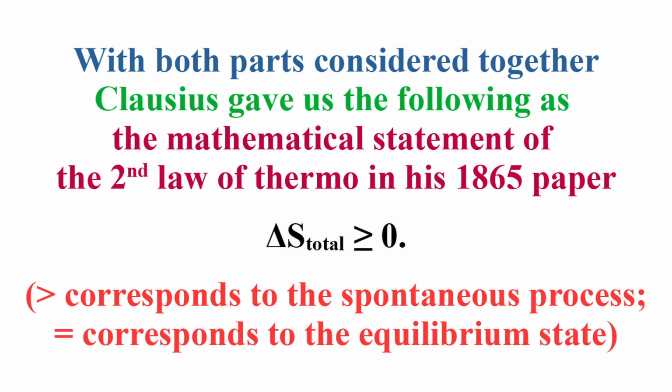Here, the greater than symbol, of course, corresponds to the spontaneous process, and the equal to symbol corresponds to the equilibrium state. This, he felt, is as succinct and elegant as the mathematical statement of the first law, delta U equals Q plus W, which he had published in his 1850 paper.